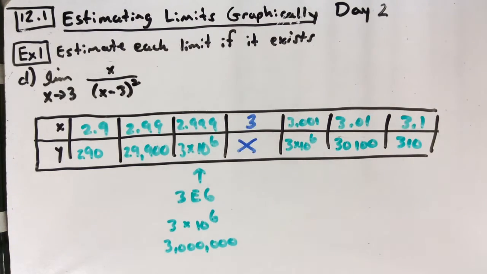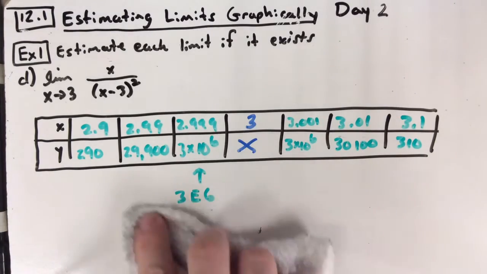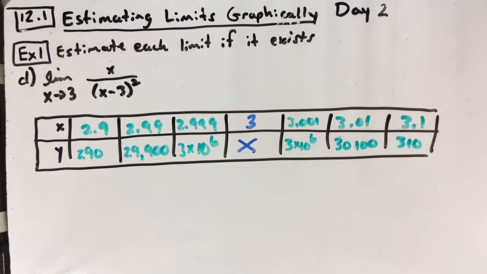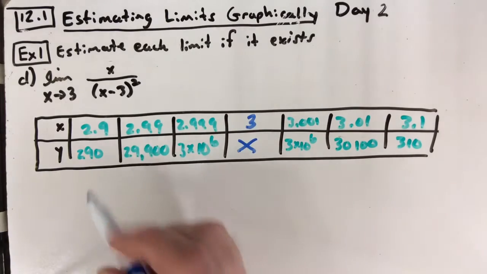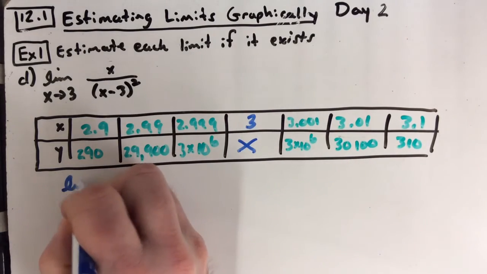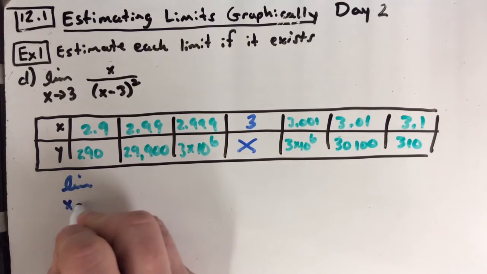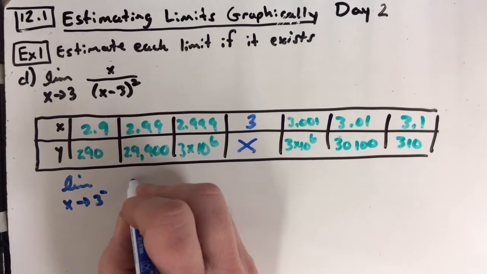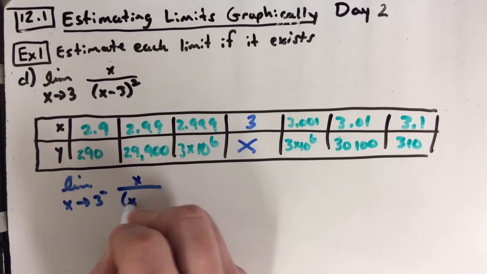So those are the different y values that we get for our table. So what we want to do is take a look at the limit of this left-hand side. That would be the limit as x approaches 3 from numbers that are a little bit smaller than 3 of our original function.